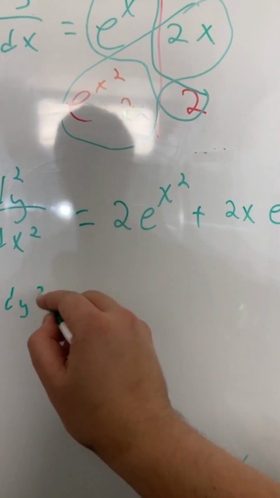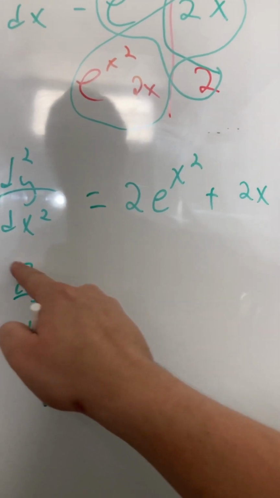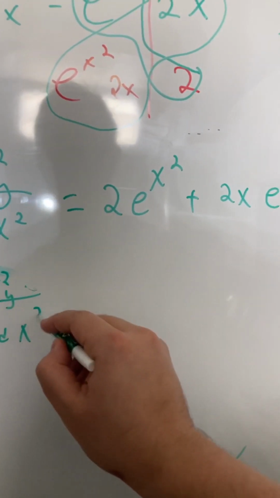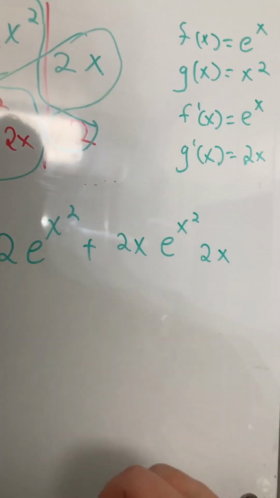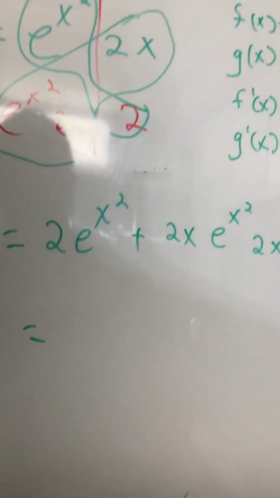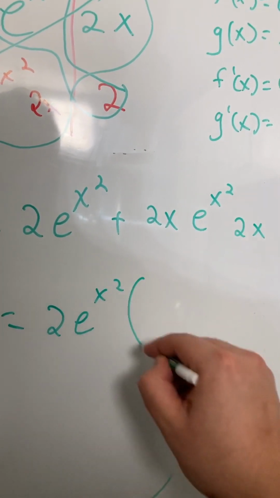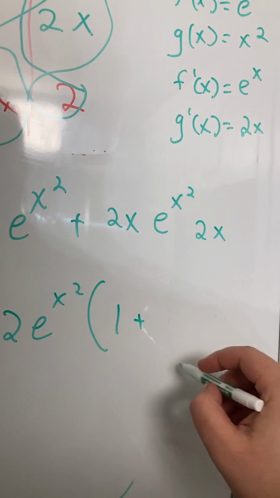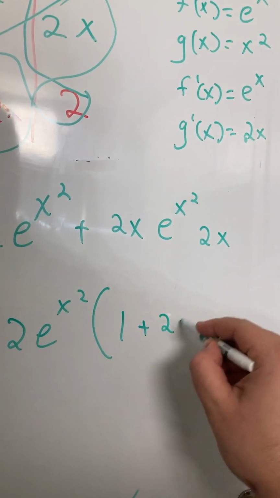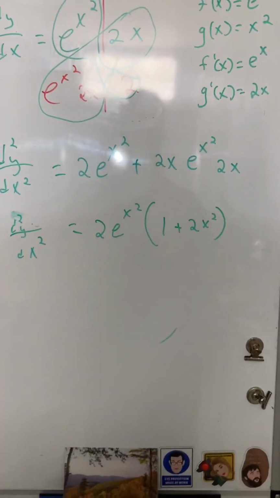If you're one of my kids watching this, like, oh, do I need to be stylish? Think about this as the multiple choice format. All I'm going to do is factor out a 2e to the x squared. Don't worry too much about this, the 2x squared. That's just for fun because I like things to look nice.